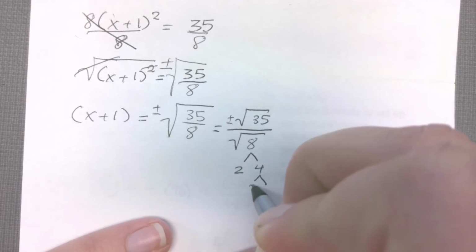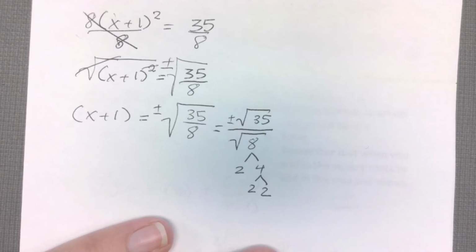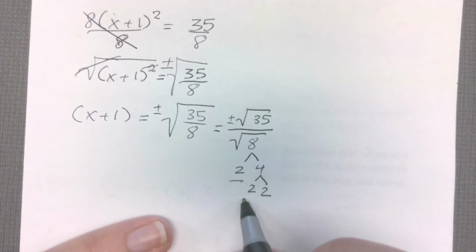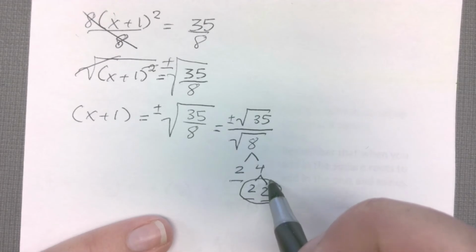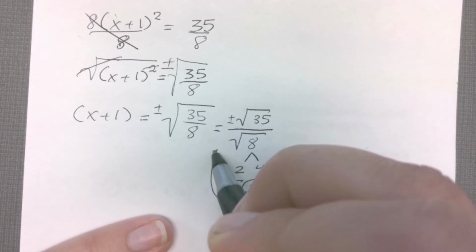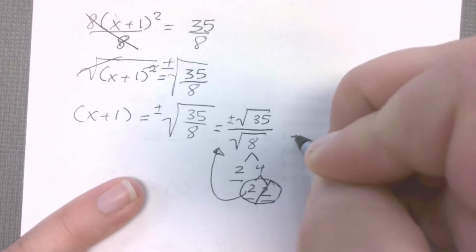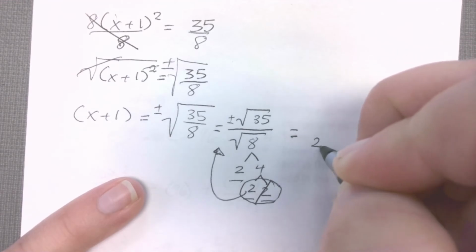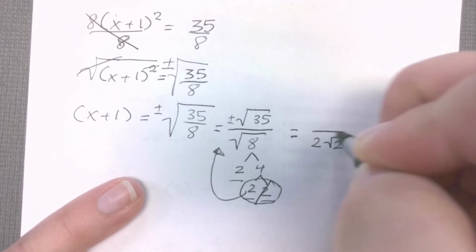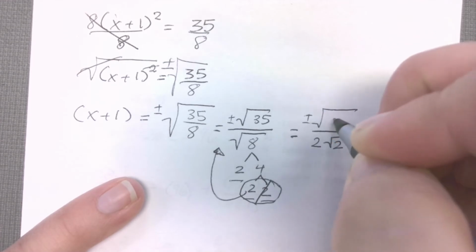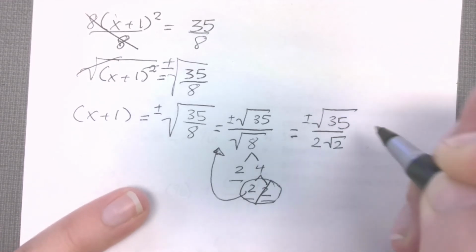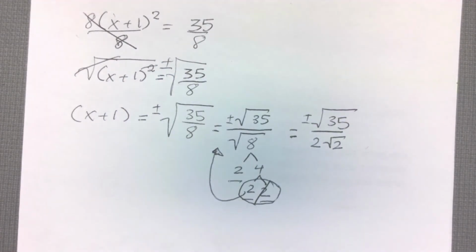I'm going to think of the 4 as 2 times 2. So these are all my factors. 2 times 2 times 2. I'm going to take this group, kill one, and the other comes outside. So I'm left with 2 square root 2 on the bottom. The 35 I can't do anything with because it's 5 times 7. So far, are you with me?